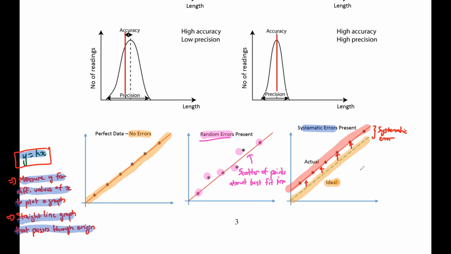You might also get a line that is below the ideal line. You would also say that there is systematic error here because all the values are below your true value.